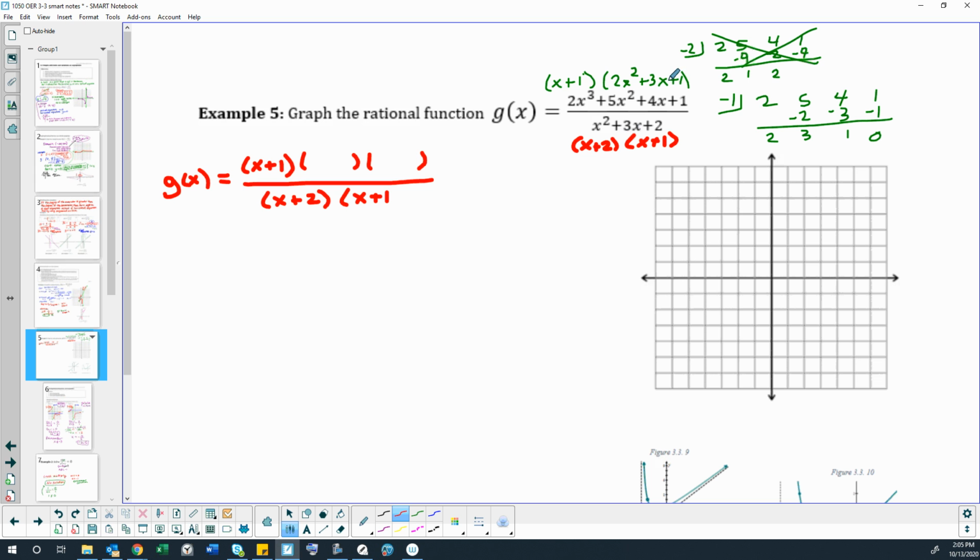Okay, so 2x squared plus 3x plus 1 would have to be a 2x times an x to get our 2x squared at the beginning. And then we need 1 times 1 to get our plus 1 at the end. And then we have 2x times 1 and 1x times x, or 1 times x. So we add those together and we get 3x in the middle, and then 1 times 1 is 1. So those factors do work.